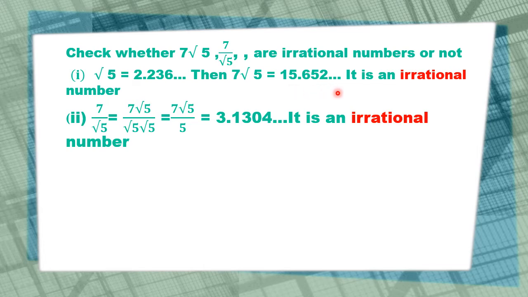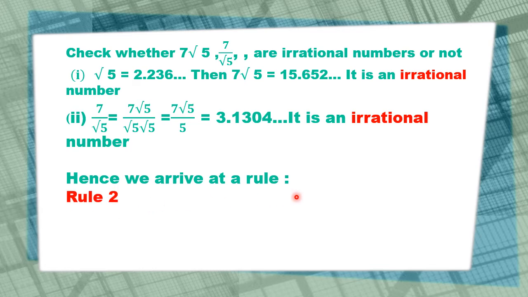You divide this irrational number by 5, then you will get a number like this, 3.1304 and so on. Can you visualize that this is an irrational number? Yes. So what result do we arrive at? It equals 3.1304 and so on. It is an irrational number.